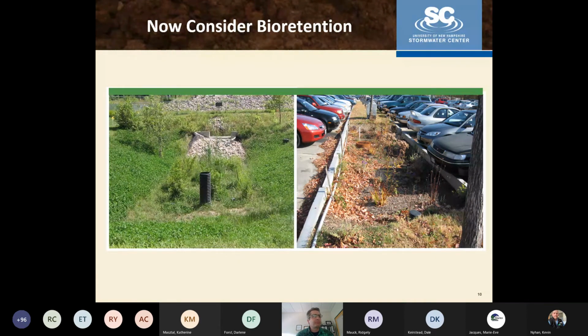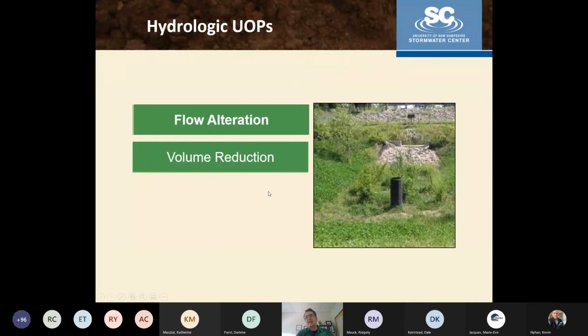So that's the new convention, and for me, it makes a lot of sense. You can get kind of creative, because I now look at BMPs or SCMs like a Mr. Potato Head. We know infiltration and filtration systems do better, and now you stack these things and build them to incorporate the UOPs that address your pollutants of concern.